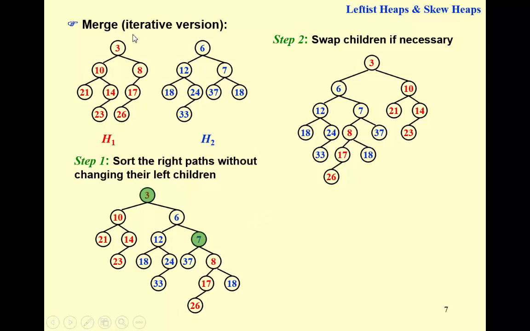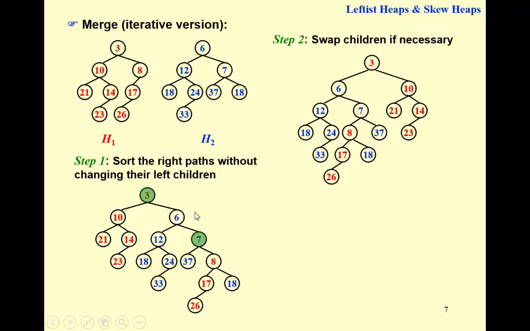All right, and according to this iterative version, we can clearly see that everything is done along the right paths, right? So the worst case time complexity is proportional to the sum of their right paths, where for each leftist heap, its right path is just log n, this is another log n, so to sum them up, we still get a log n time bound.